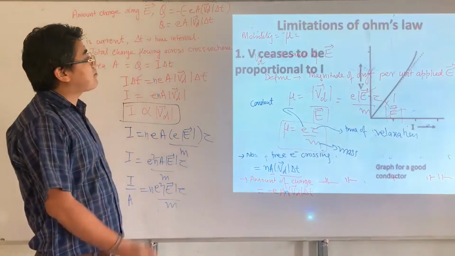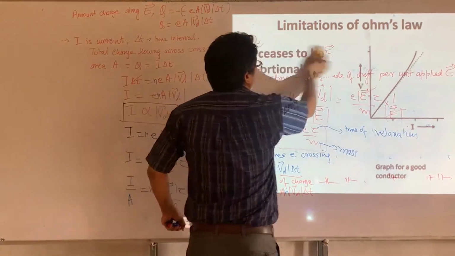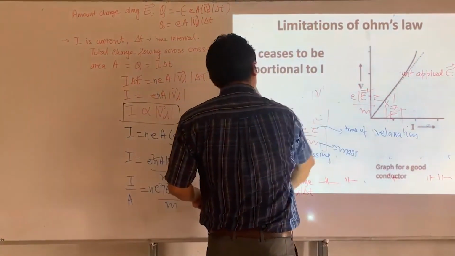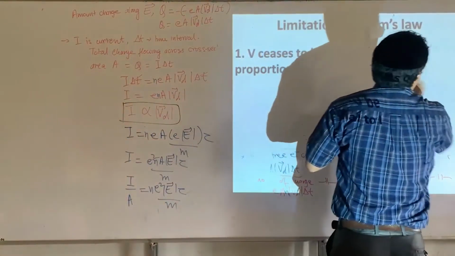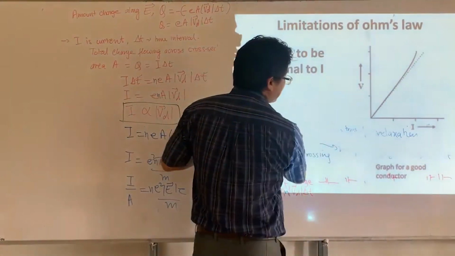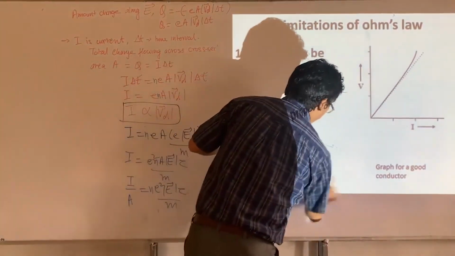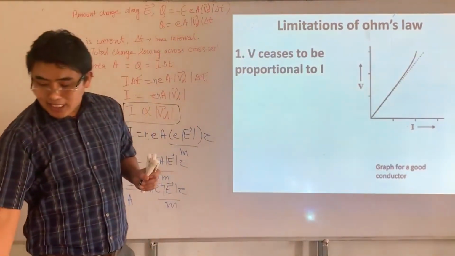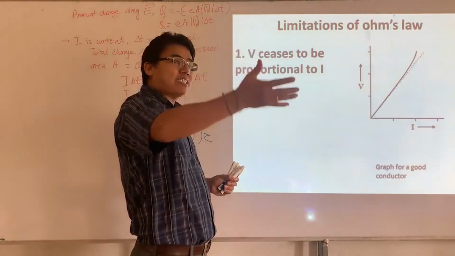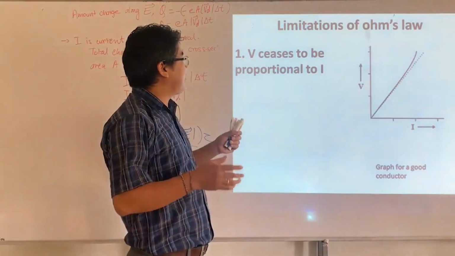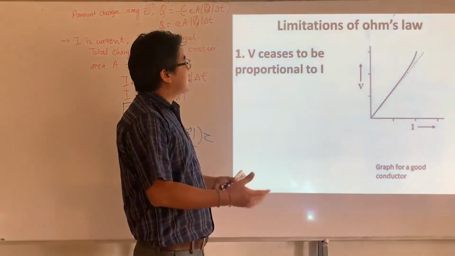Now the last part I'm going to discuss is the limitation of Ohm's law. Every theory has some limitations. Limitation means the theory cannot explain something, up to what limit that theory can go. Here, the nature is voltage and current.